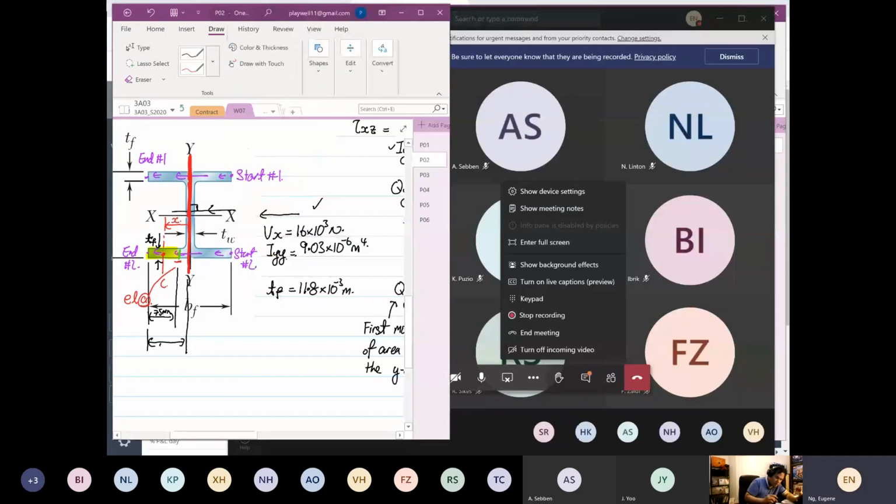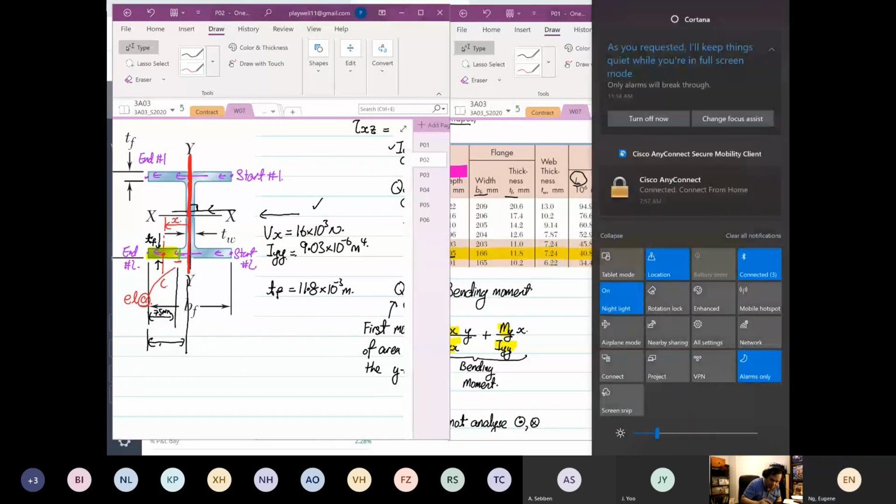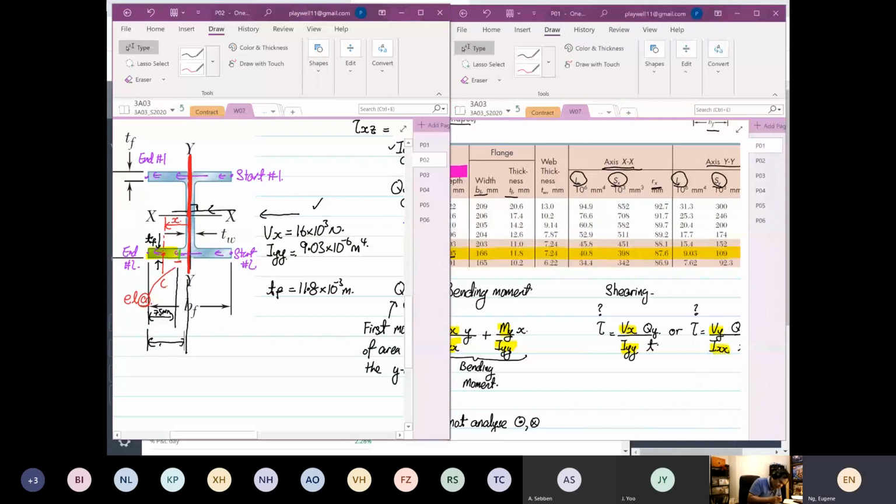Sorry, what am I doing, messing around. So this is 166 divided by 2. What we are trying to achieve down here is to calculate this distance, our X distance.